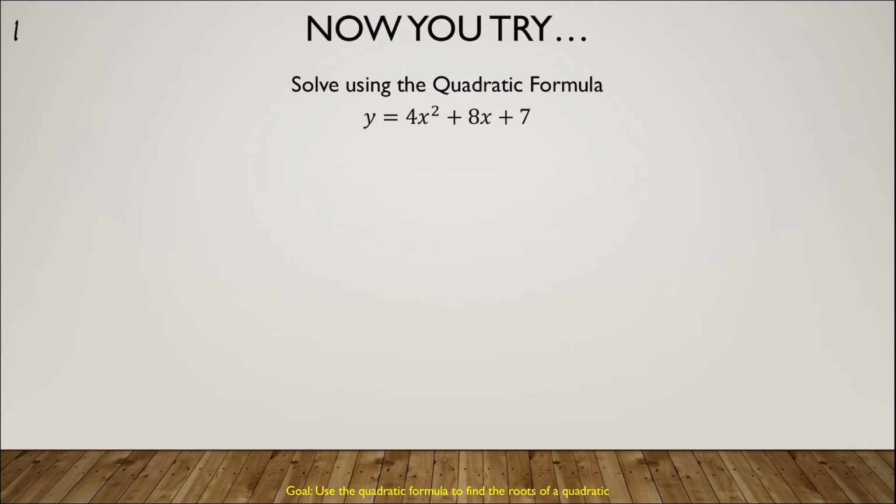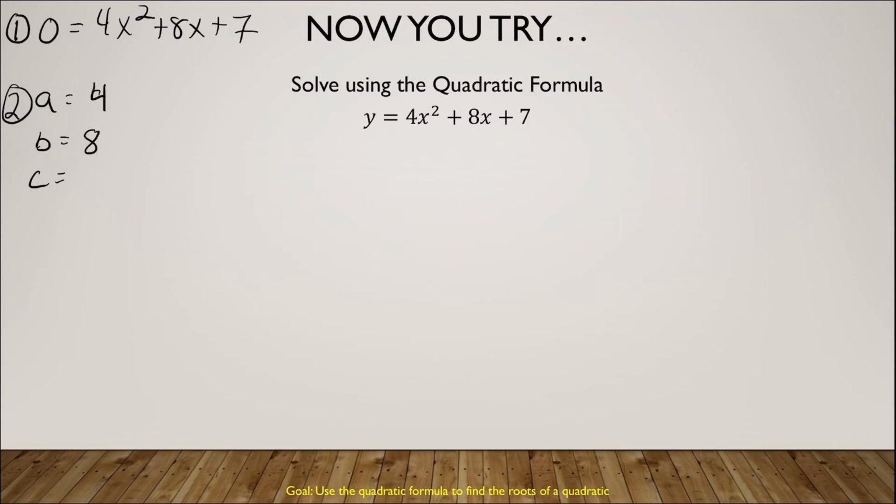Alright, so step 1, we're going to set y equal to 0. We get 4x squared plus 8x plus 7. Next, I want you to identify your a, your b, and your c of the equation. So we know that a is 4, b is 8, and c is 7.